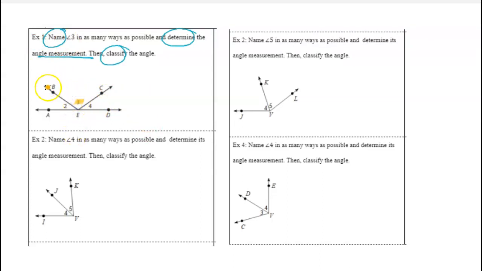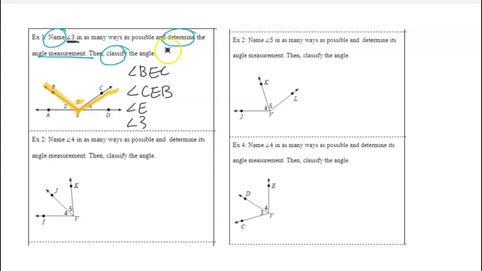I want to think about tracing the angle B, E, C. So this is angle BEC. If I do that in reverse, I would have CEB. Of course, angle E, just the vertex, and as was mentioned in the question, angle 3.